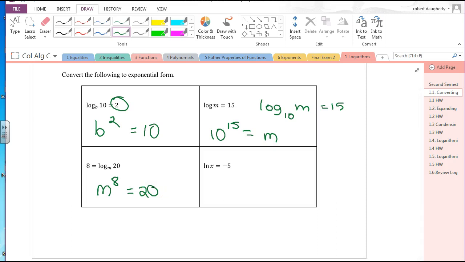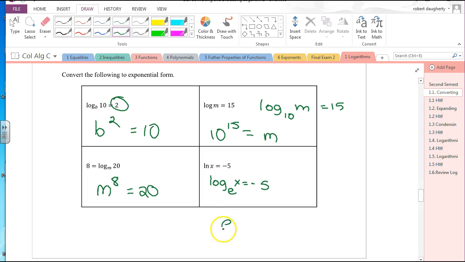What does ln mean? Ln means log base e, natural log. So this means that the log base e of x equal -5. What's the base?